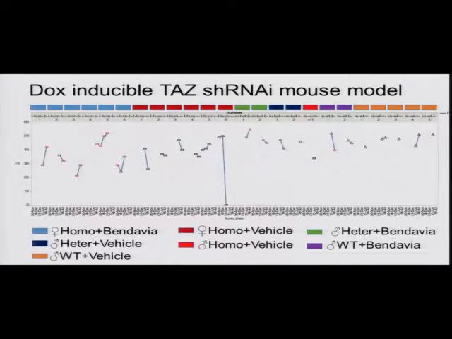This picture is pretty busy, but as I said, we have two groups: the treatment group and the placebo group. This is the female homozygote with the treatment of Bendavil, and this is the female homozygote with the placebo.